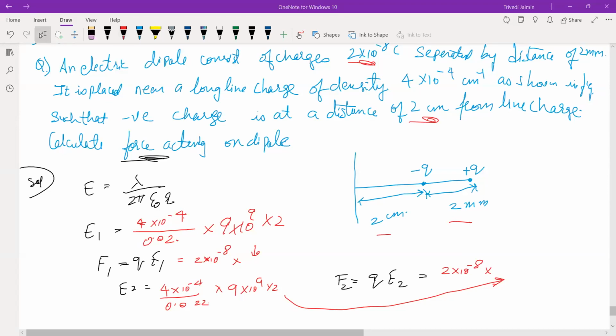0.6. Yeah, F1 minus F2 only. So F1 is 7.2 minus 6.54, something 4 or 5.